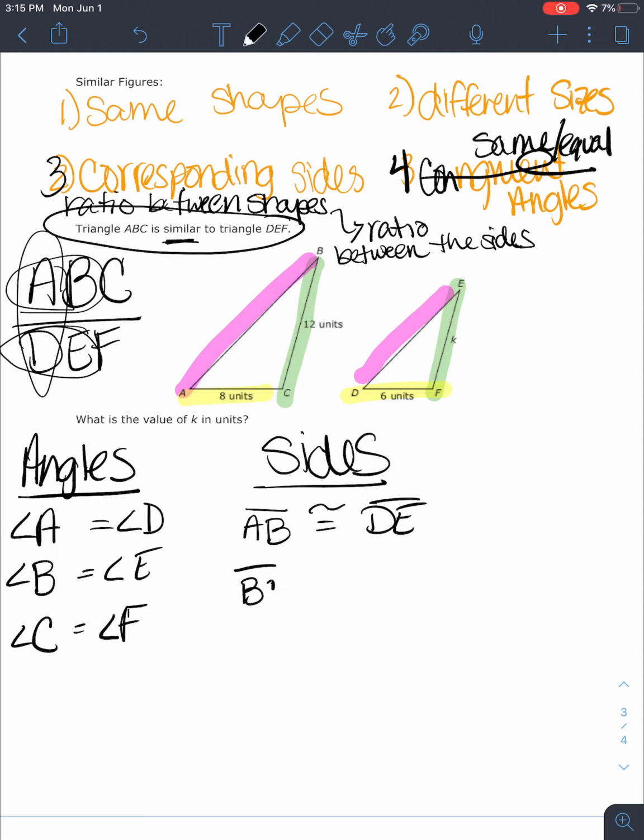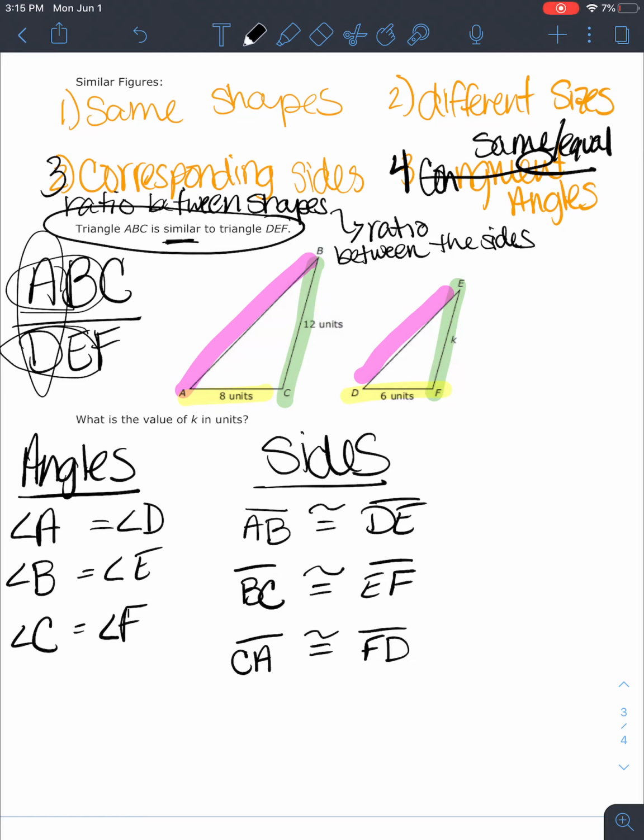Side BC corresponds to side EF. And then I just keep moving left to right. To get that last one, I make a loop back around. So side CA corresponds with side FD.